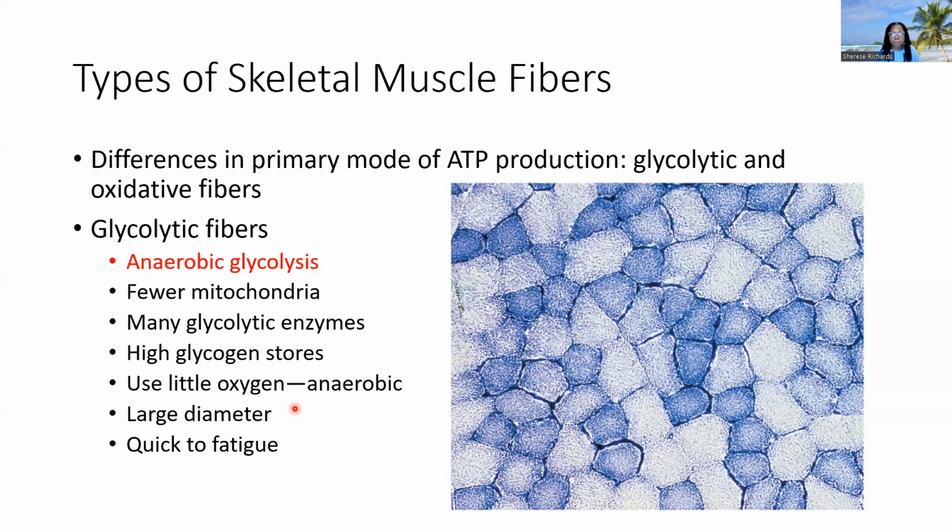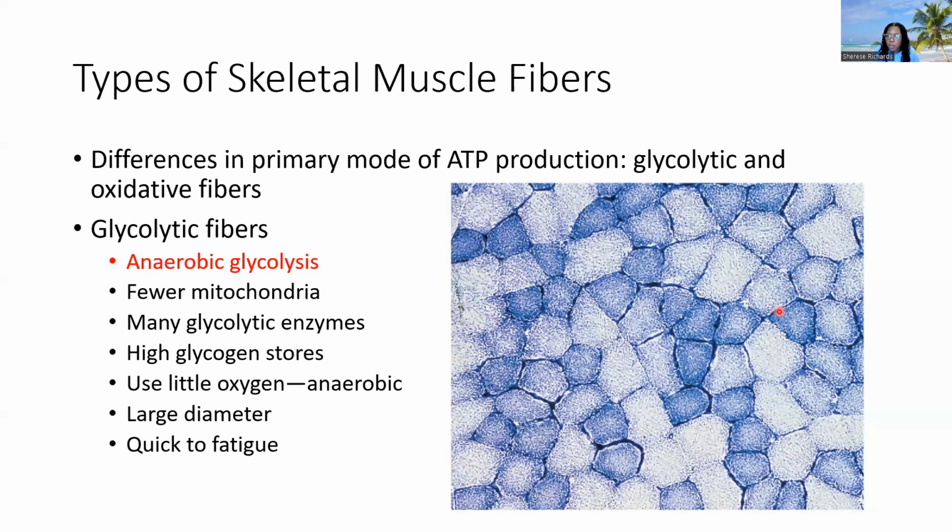All right. In terms of looking at our cross section here, these large fibers that appear white are referred to as our glycolytic fibers. Okay. Notice they have a bigger diameter. Notice they all appear white. The reason that they appear white is because they don't have a lot of myoglobin. They don't have a lot of mitochondria.